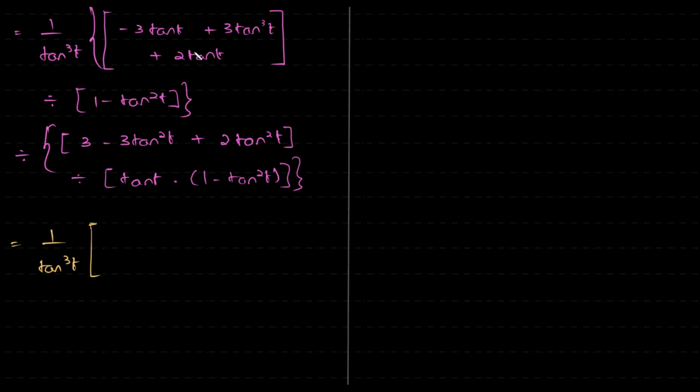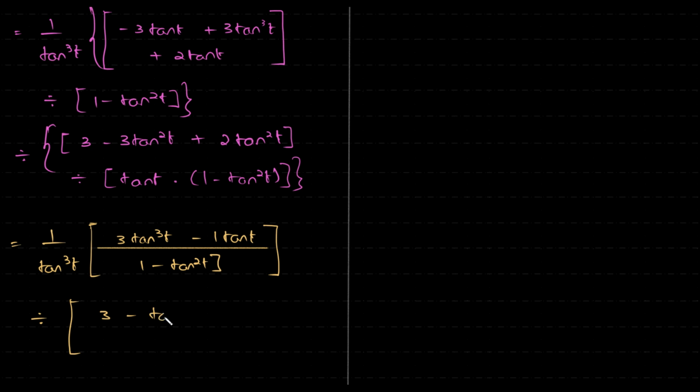In the numerator this will simplify to 3 tan cube t minus 1 tan t, this entire expression divided with 1 tan square t, and in the denominator, this is 3 minus 1 tan square t, entire expression divided with tan t, and we have 1 minus tan square t.